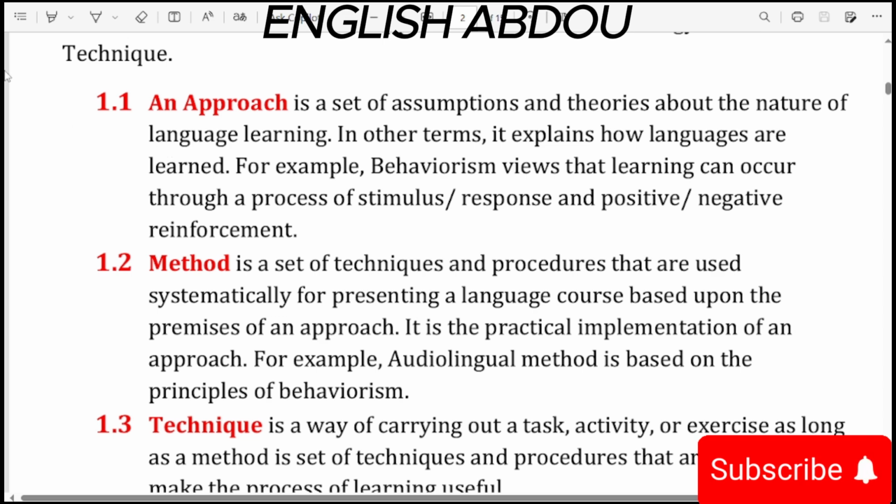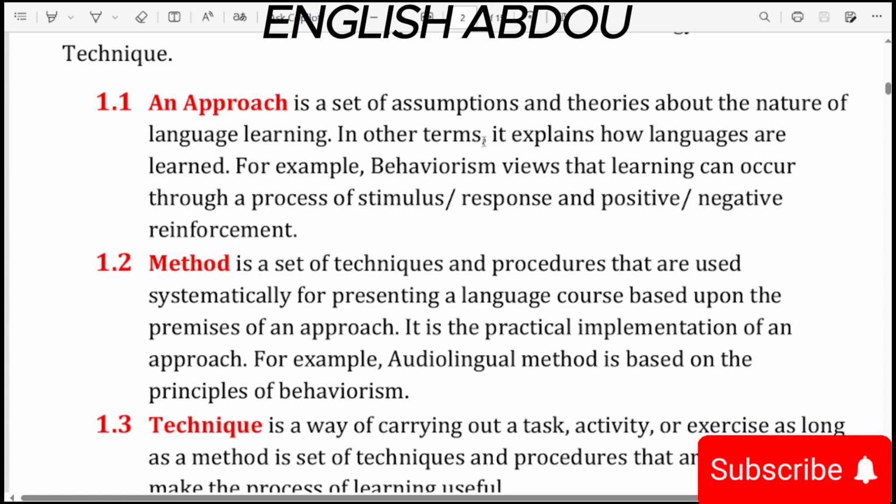Okay, so let's see what an approach is. An approach, the synonym of a theory or a way, is a set of assumptions and theories about the nature of language learning. In other terms, it explains how languages are learned or how minds can acquire language.